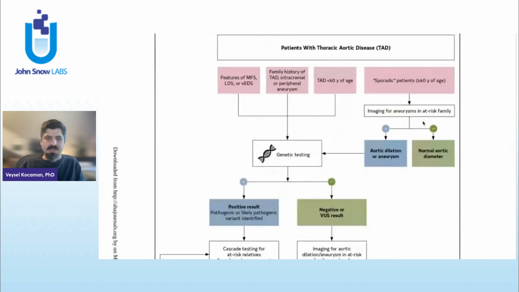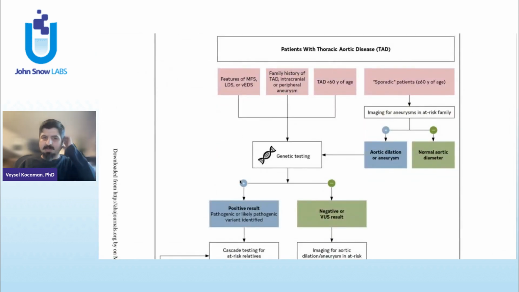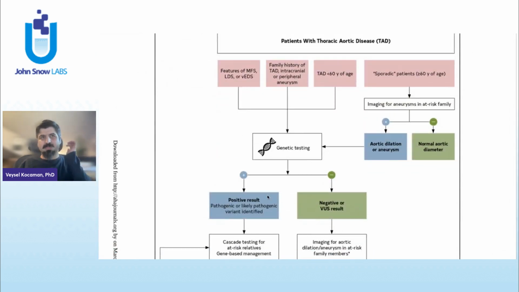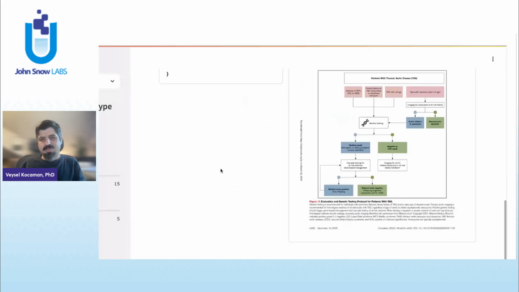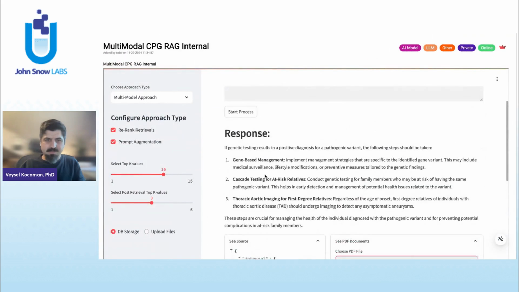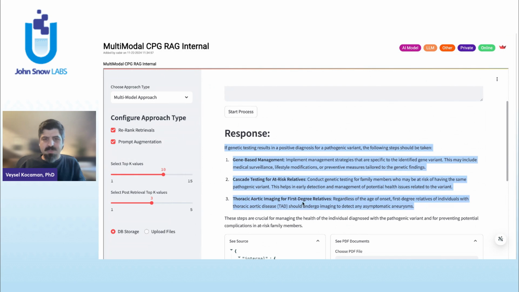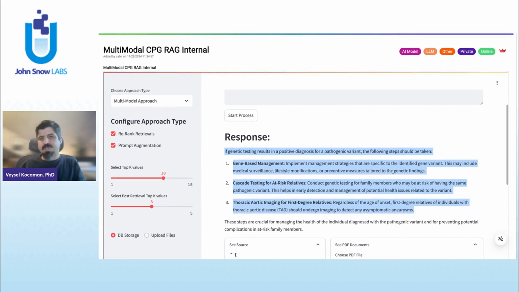Yes, genetic testing. According to this guideline, if genetic testing is positive, there needs to be cascade testing for gene-based management. Let's see. And it says gene-based management, cascade testing, thoracic aortic imaging. You see, it's picking all the information from the chart.